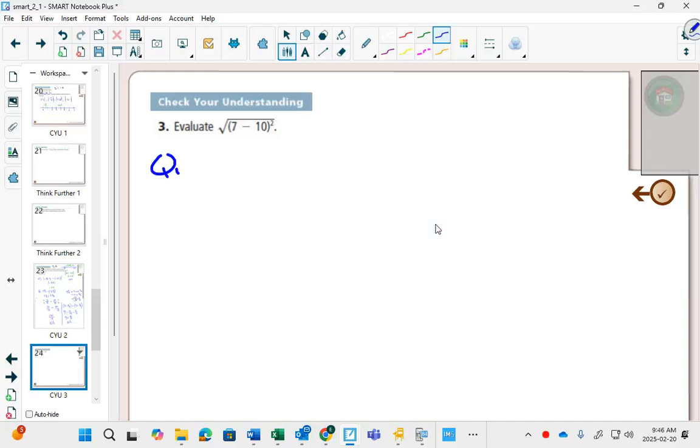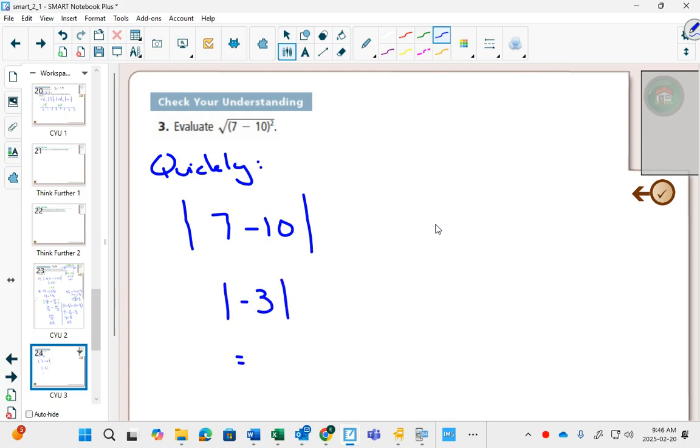Quickly would look like this. Square root and a squared cancel each other out as long as the answer is positive. So I just make my answer in absolute value, cancel out the squared and the square root, and I get the absolute value of 7 minus 10, which is the absolute value of minus 3. So the answer is positive 3.